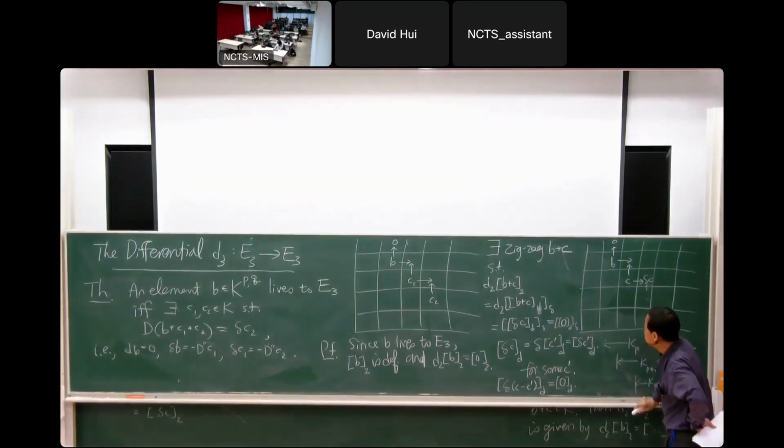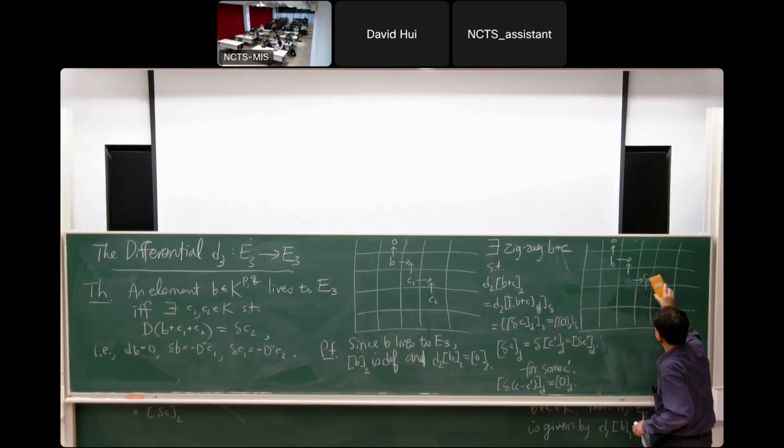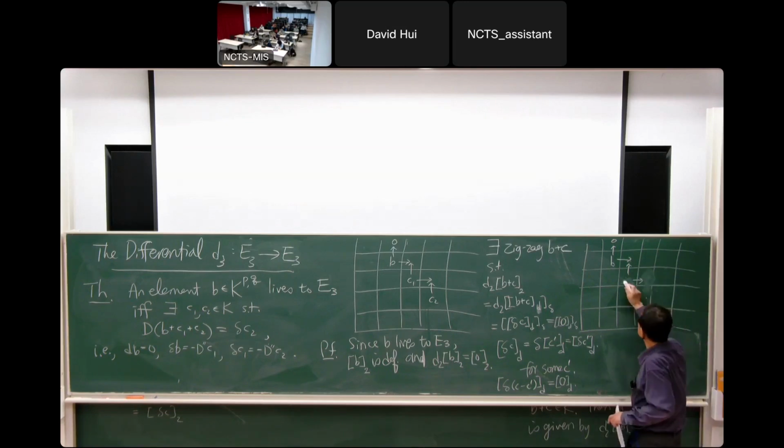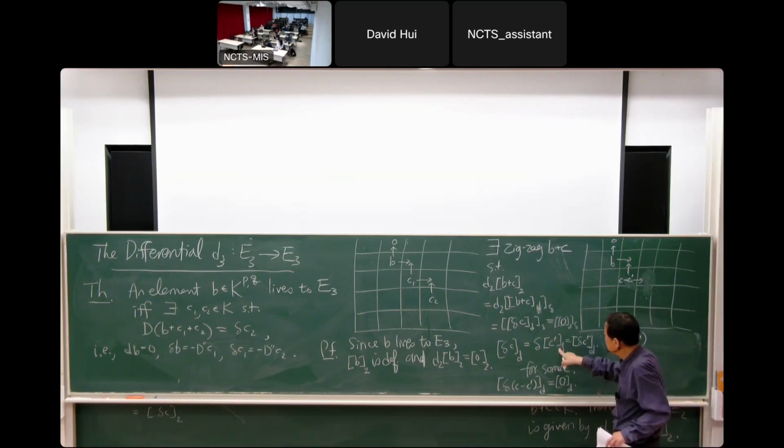Okay. So you see, what you know is that you have another element here, C prime. And if you look at C minus C prime, first of all, when you map it up, yes, because C prime defines a class in D, so you know that D of C prime has to be 0.